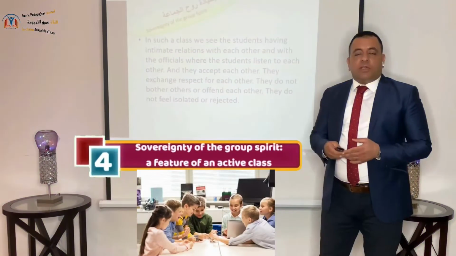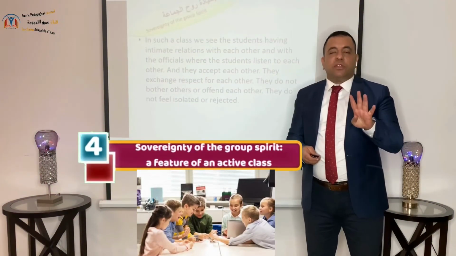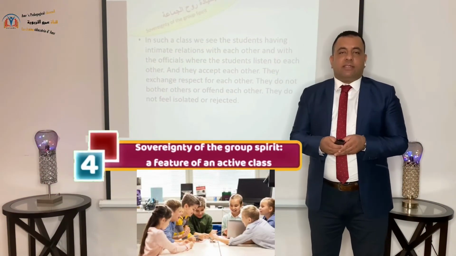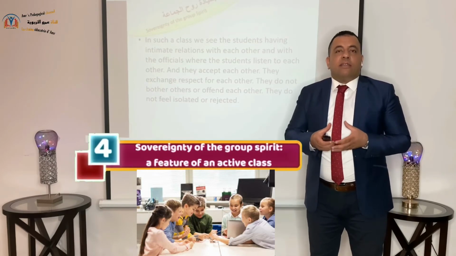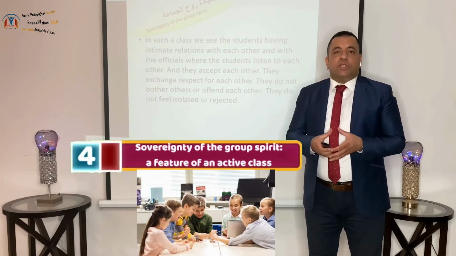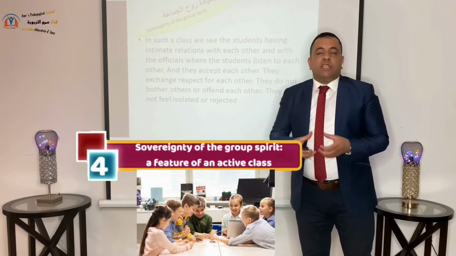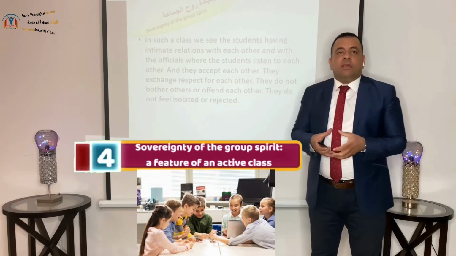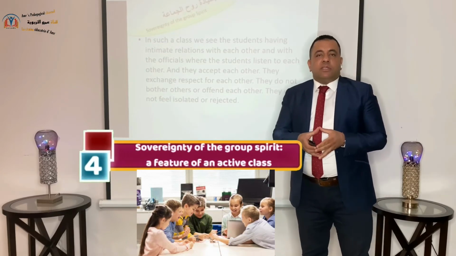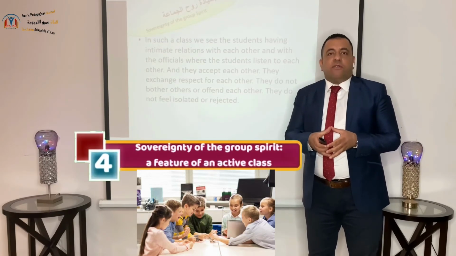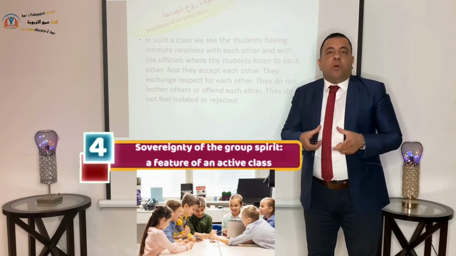Stability of the group spirit is the fourth feature of an active class. There is a very high level of group spirit, harmony, and solid relations between the students and learners in this class. The students here are very cooperative.